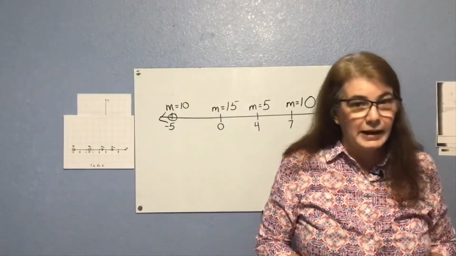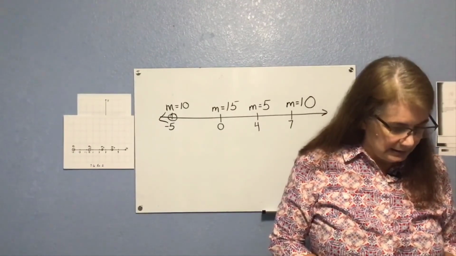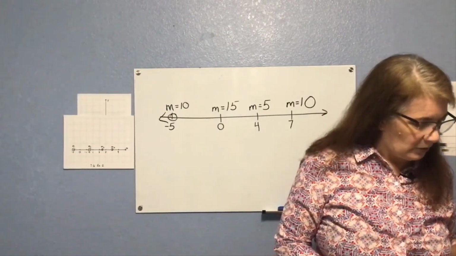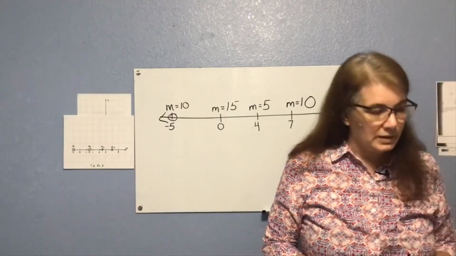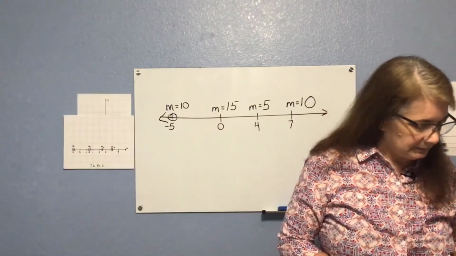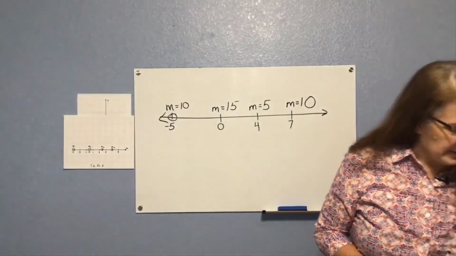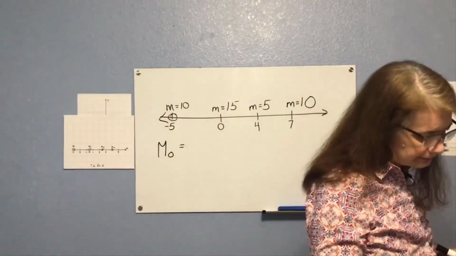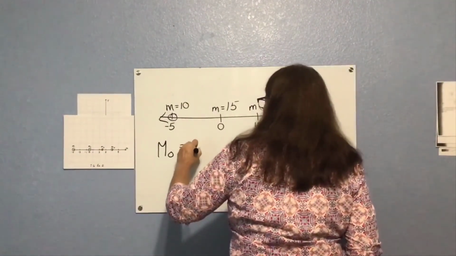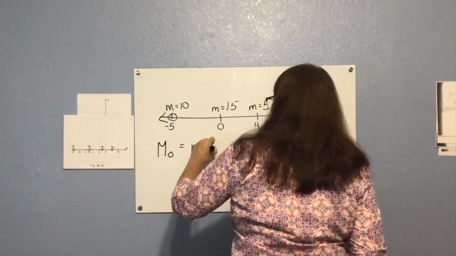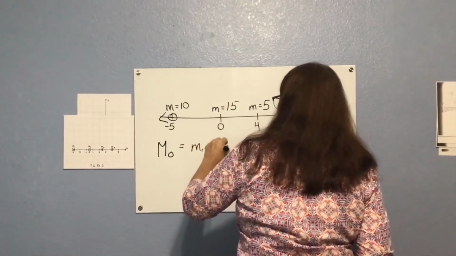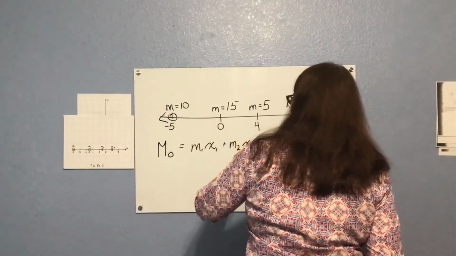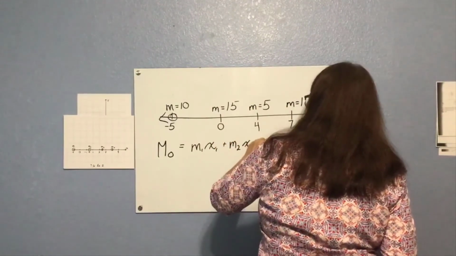Okay, so for right now, we're going to assume that this system has a fulcrum at 0. And to find the moment about the origin is equal to mass number 1 times the x value of number 1 plus mass number 2 times the x value of number 2, and so on.